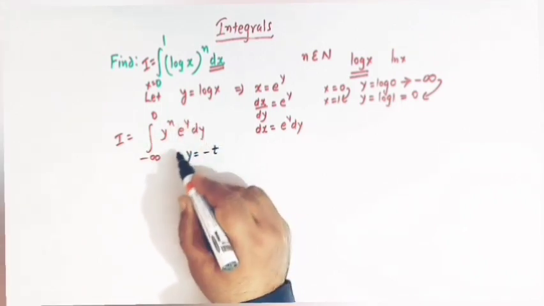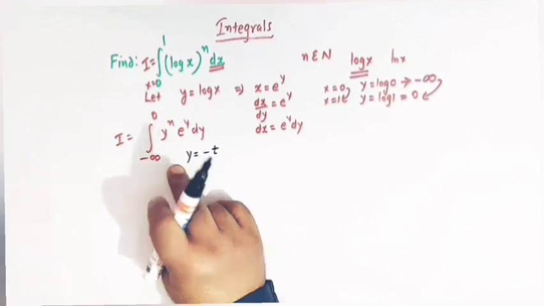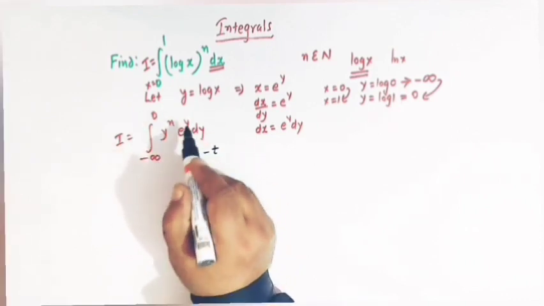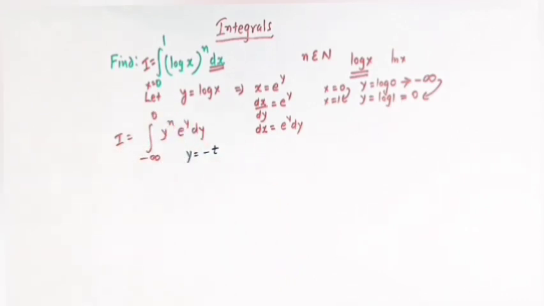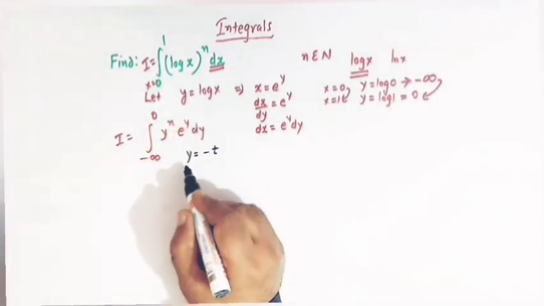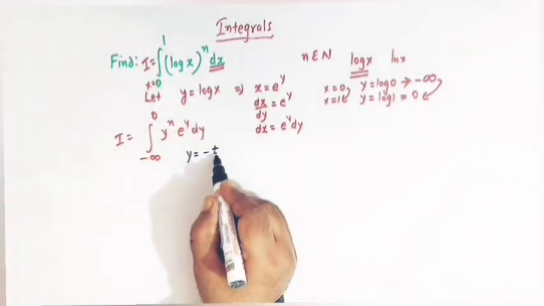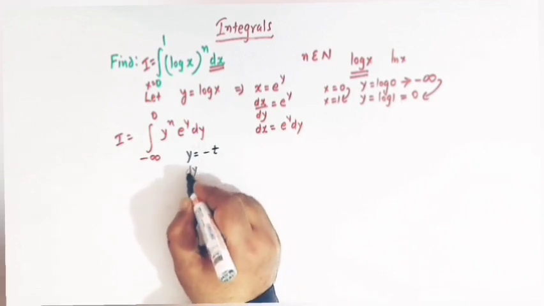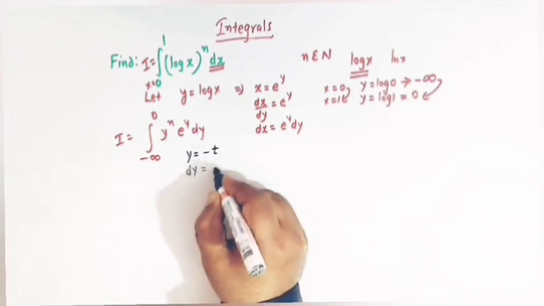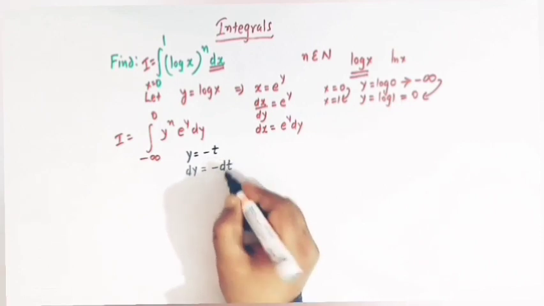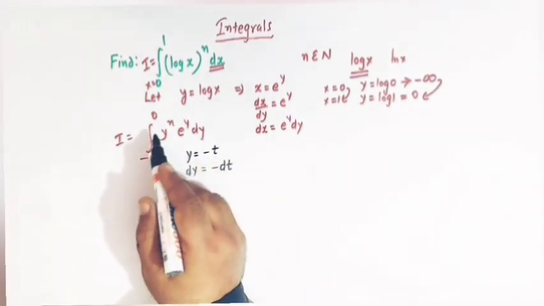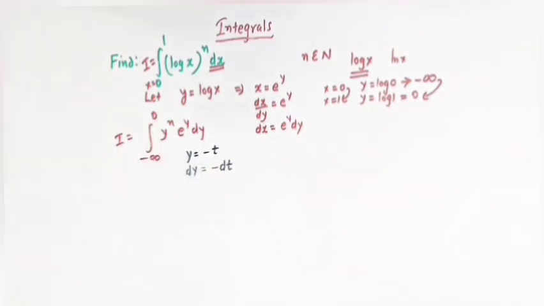Why are we making this substitution? Because we want to convert this integral into a gamma function. So we take y is equal to minus t, so dy is equal to minus dt, and let us change the limits accordingly.